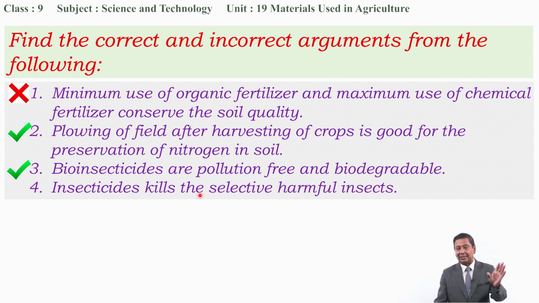Insecticides kill the selective harmful insects. Is it? No. Insecticide kills all the harmful and useful insects, both. There is no selection for insecticide. That's why this saying is incorrect. This argument is incorrect. It also kills useful insects.